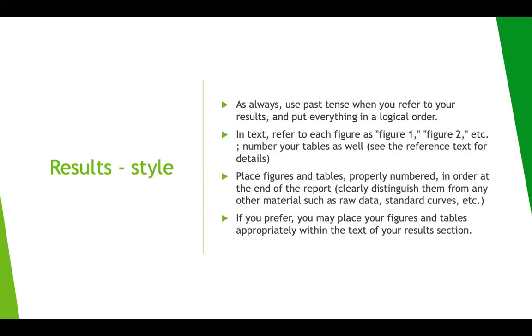When you have multiple objectives to achieve, or multiple research goals or research questions, report the results of the first one at the beginning and then move on to the last one. So it should be in a logical order. In text, refer to each figure as Figure 1, Figure 2, etc. Number your tables as well.